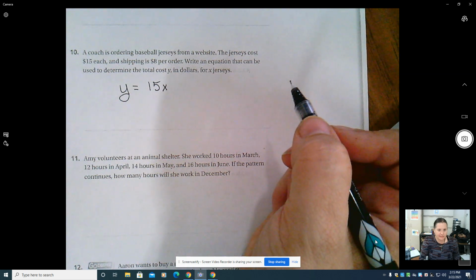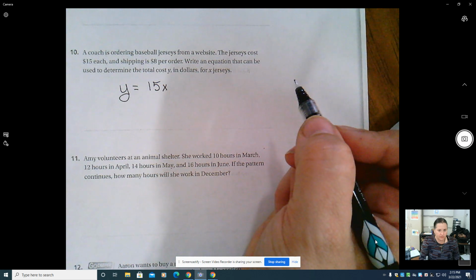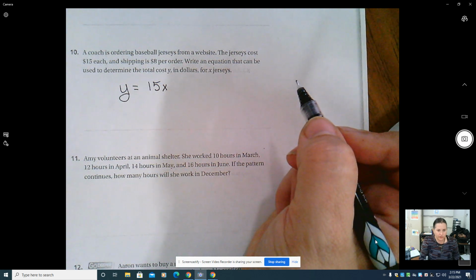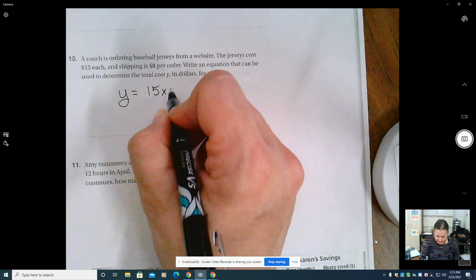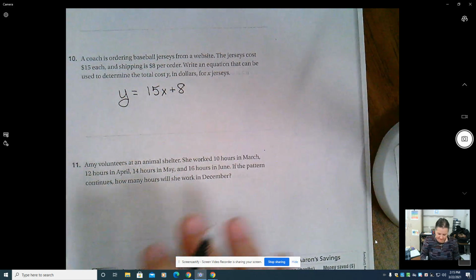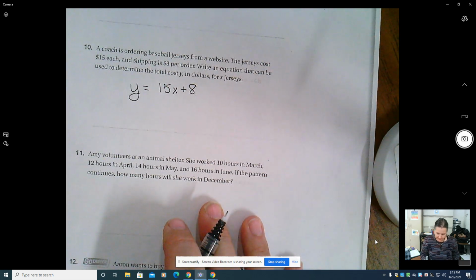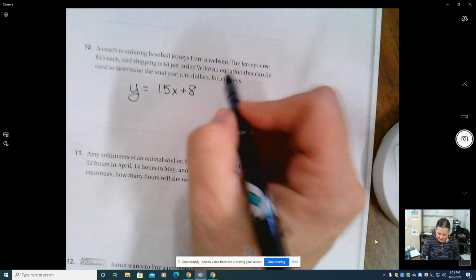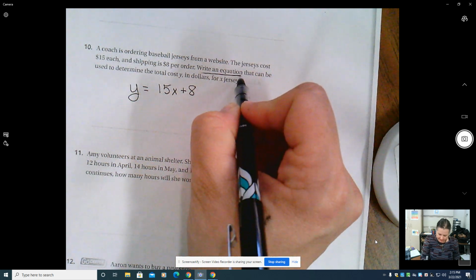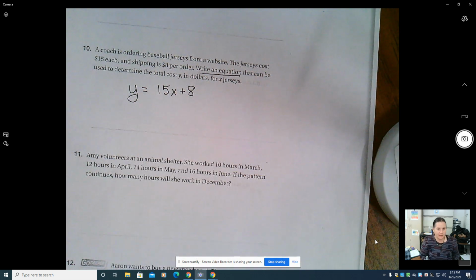And then shipping is $8 per order. So they're only going to order once here. So we're just going to add the shipping cost as $8. So here is the equation. It says write an equation that can be used to determine the total cost. That would be our equation.